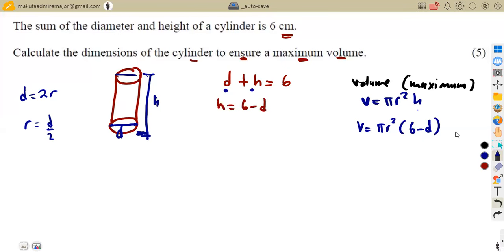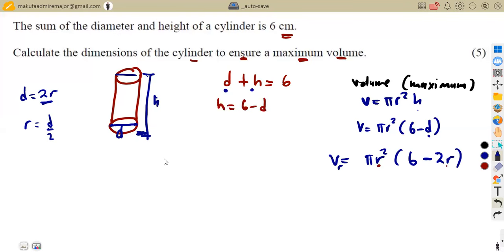But like I said, the diameter is equal to 2 times the radius, meaning our volume is going to be given as pi r squared into 6 minus the diameter in terms of radius, which is 2r. So this expression for the volume now is in terms of the radius.